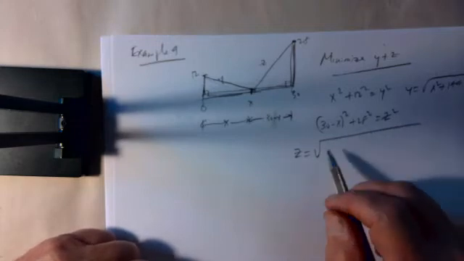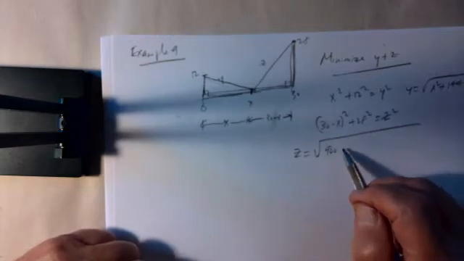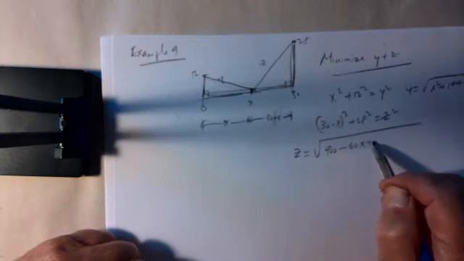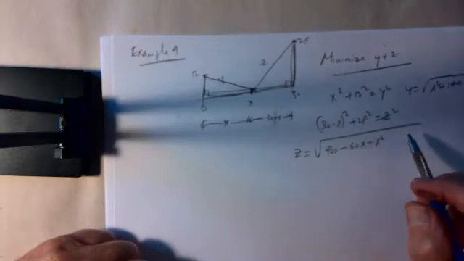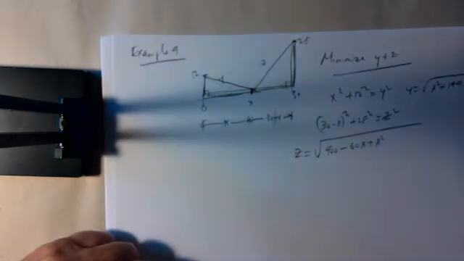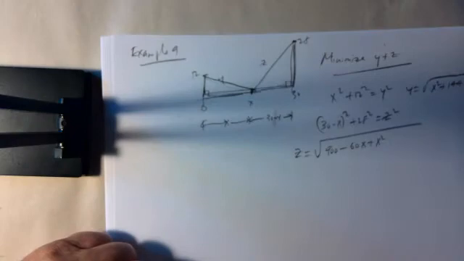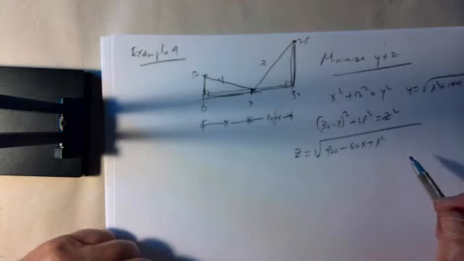Let's see, 30 minus x squared is 900 minus 60x plus x squared, plus 28 squared, that's 784.